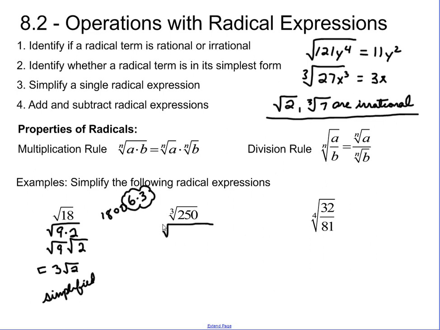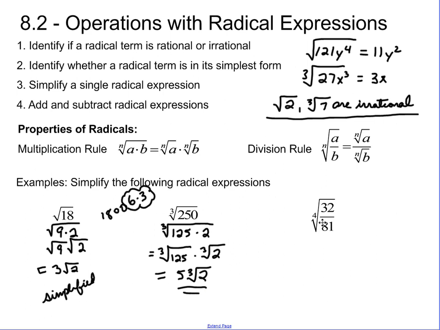If you treat this as the cube root of 125 times 2, we can divide this up as the cube root of 125, which we know reduces, and the cube root of 2, which we know does not. There is no whole number that when multiplied by itself 3 times gives us 2. So we take our cube root of 125 and reduce that as 5 and say that our simplified expression is 5 times the cube root of 2, and we would leave it in that form.